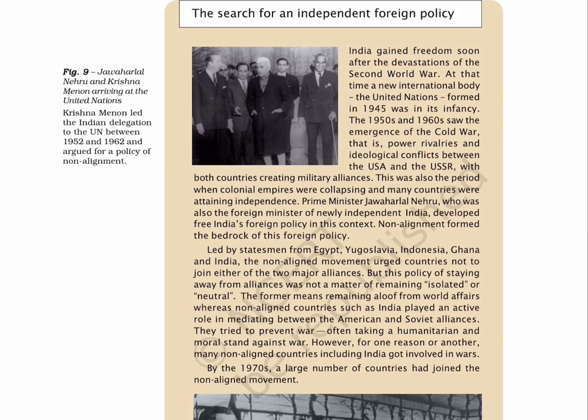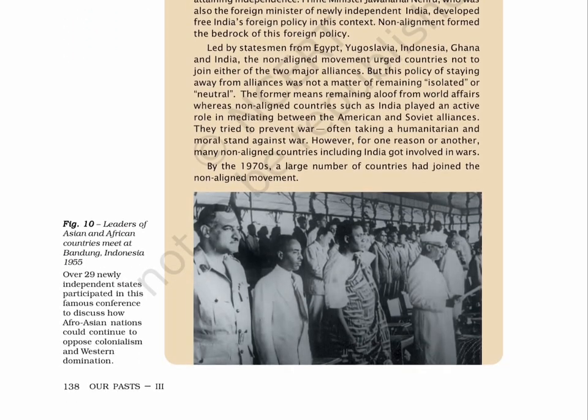Prime Minister Jawaharlal Nehru, who was also the Foreign Minister of newly independent India, developed Free India's foreign policy in this context. Non-alignment formed the bedrock of this foreign policy. Led by statesmen from Egypt, Yugoslavia, Indonesia, Ghana, and India, the non-aligned movement urged countries not to join either of the two major alliances.